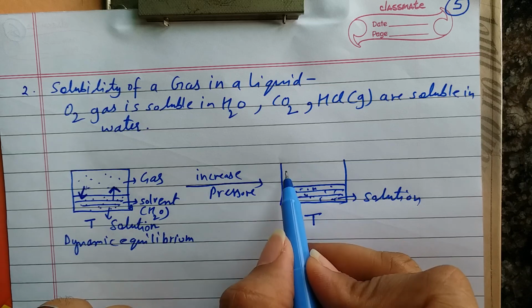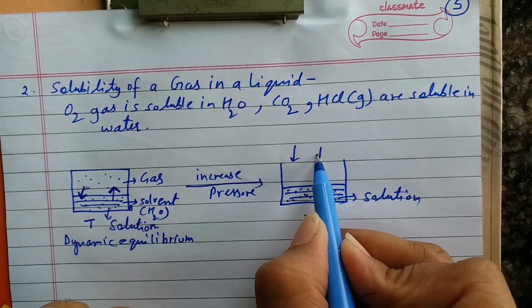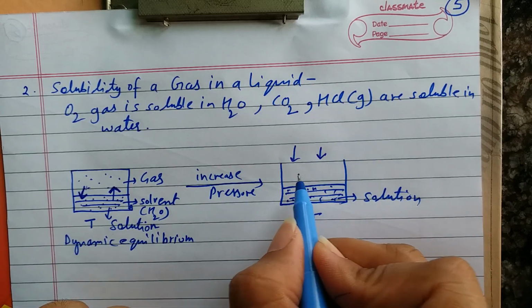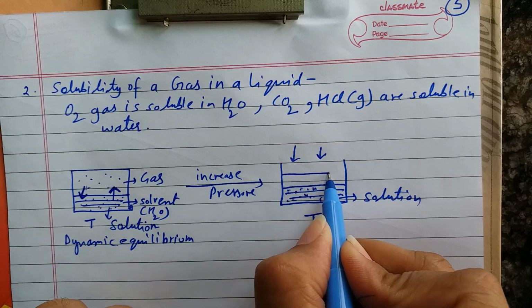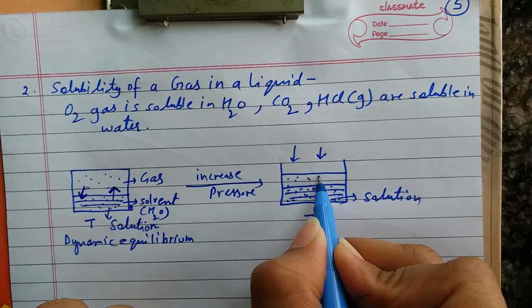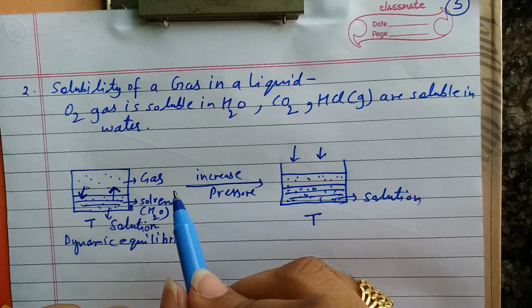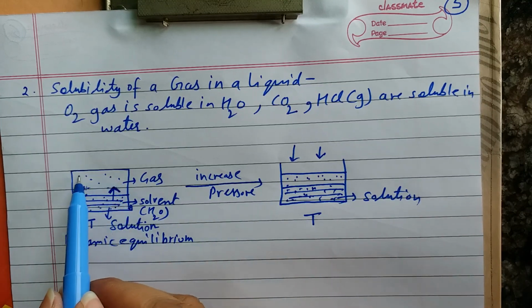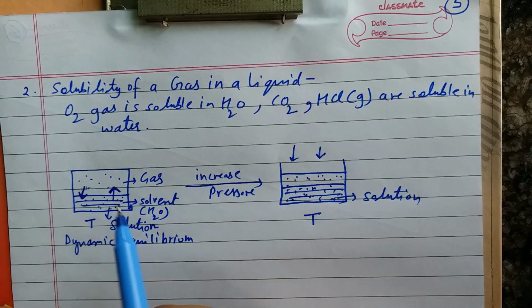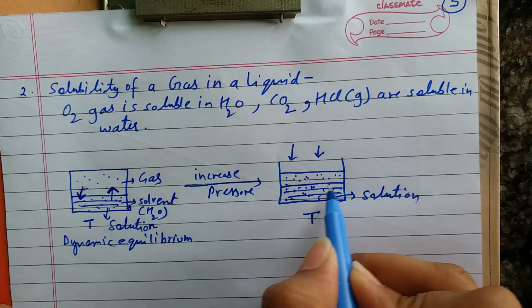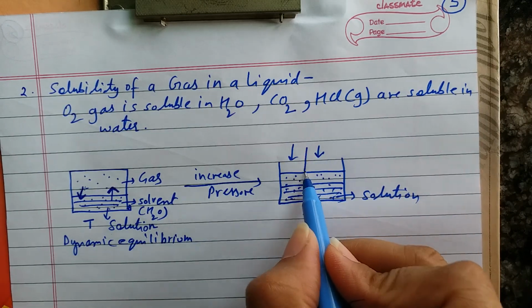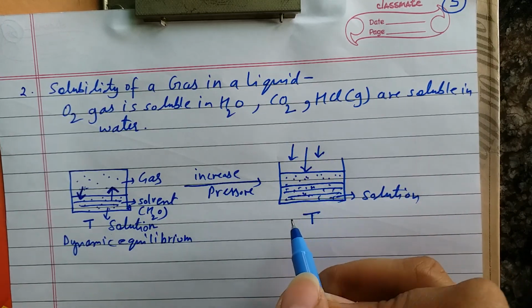So when you increase the pressure from the top, the particles in the gaseous state are compressed, right? The particles which were earlier in this much volume have now been confined to a smaller volume because you have applied pressure from the top and the system has been compressed.